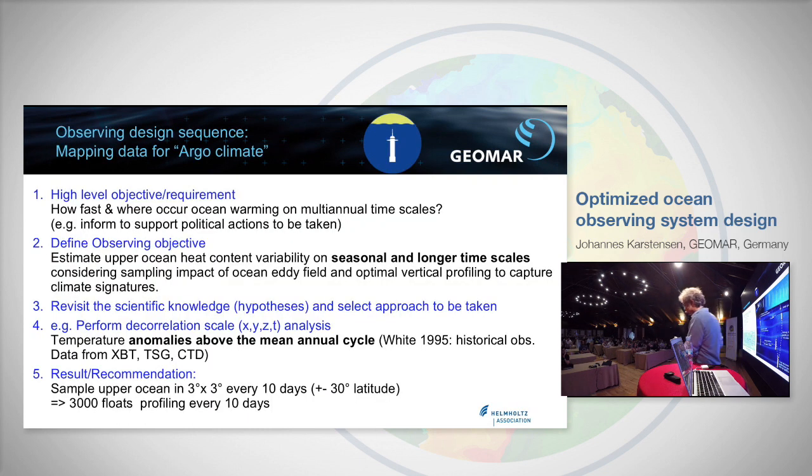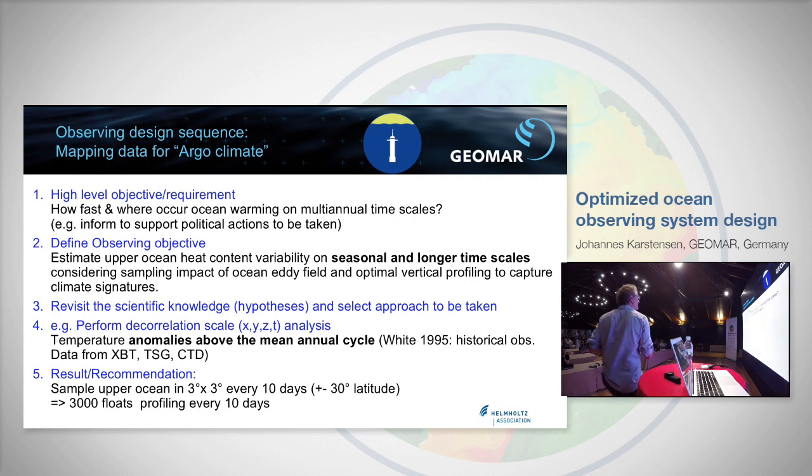So I go through that again. The high-level objective of Argo, which I call here Argo Climate because that was the original intention, was really to understand ocean warming on multi-annual timescales, because that was asked for by science, but also by society.